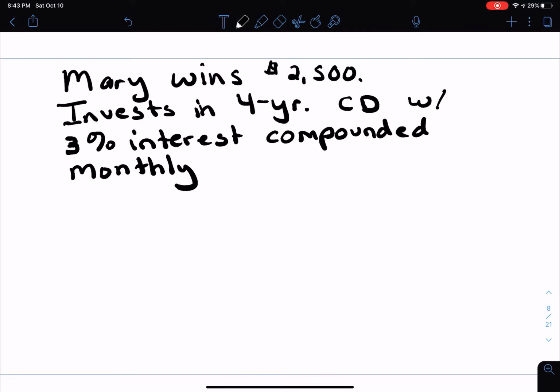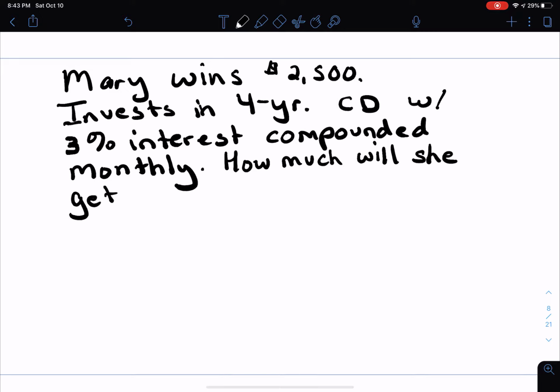We want to see how much she will get when she cashes it in at 4 years.